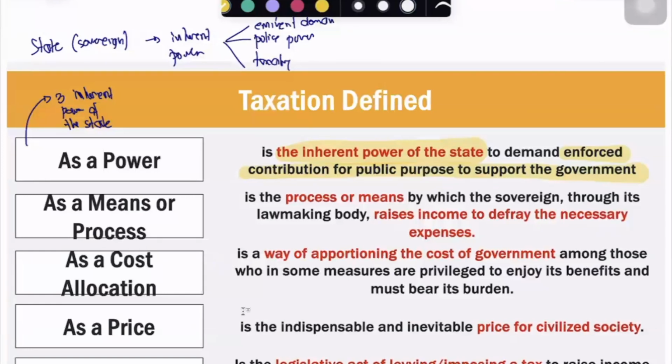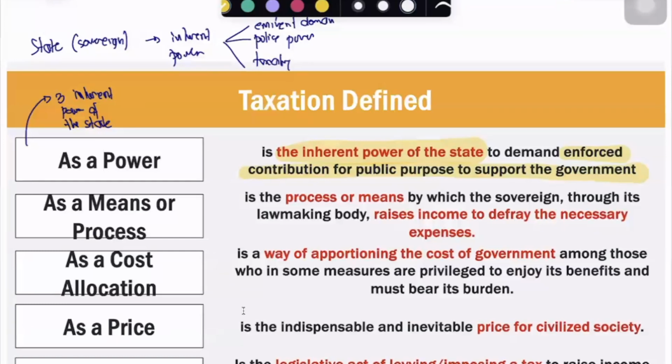Next, definition of taxation as a means or process. It is the process or means by which the sovereign, through its lawmaking body, raises income to defray the necessary expenses of the government. So again, it is a means to finance the expenditures of the government by imposing charges on the different subject matter or objects of taxation.